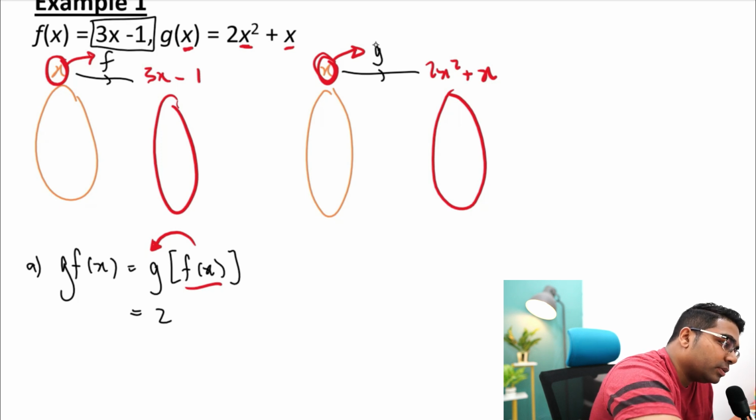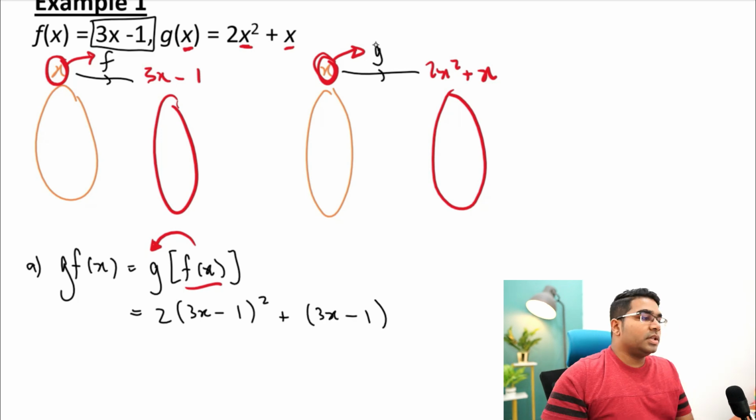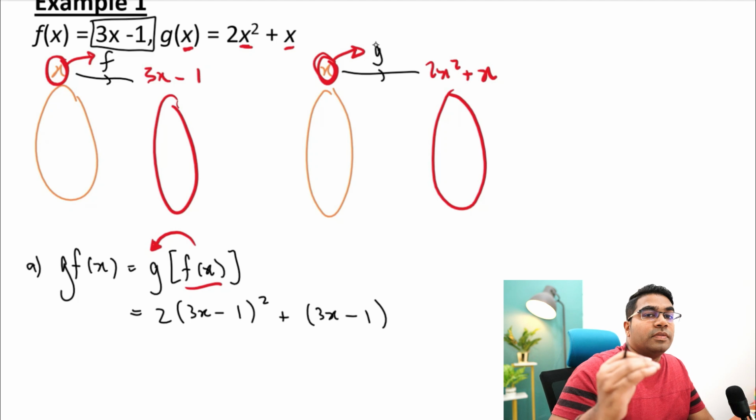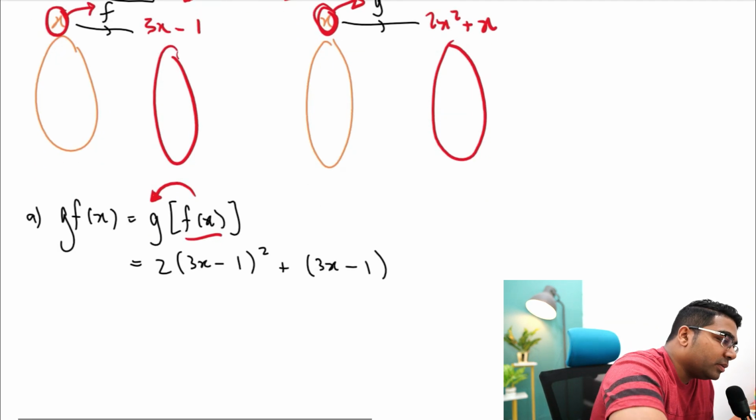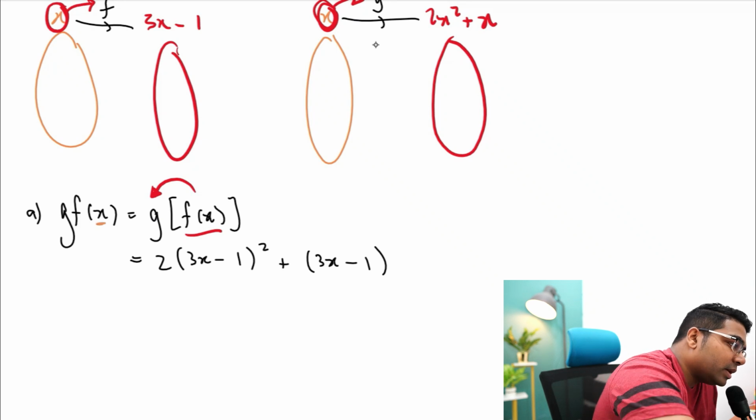So this will be 2(3x minus 1) squared plus 3x minus 1. So this will be the composition of g and f into the function gf. So remember, this x is the domain of the function f.